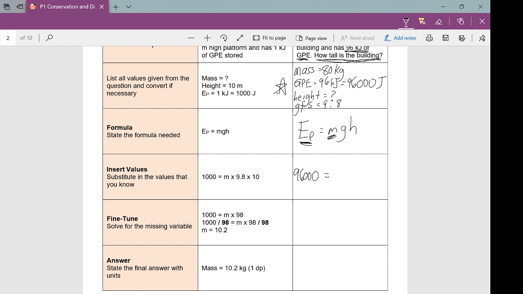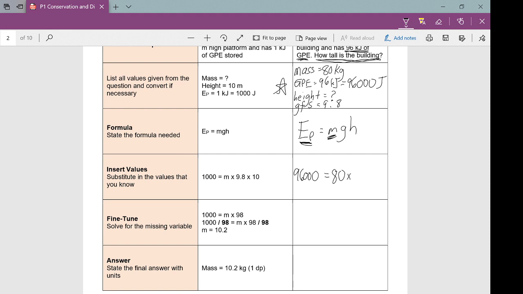I see M. Is there something I can substitute for M? It's alright, Mick. When we substitute things in, we don't have to write the unit straight off, just because when we write units in the formulas, it might look a little bit confusing at this stage. Very good, Beth. We have something for M. We have the 80, because M stands for mass.